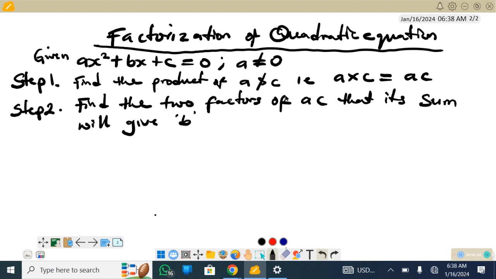So we are looking for two factors of this number here, two factors of ac that when you sum them, will give you b.